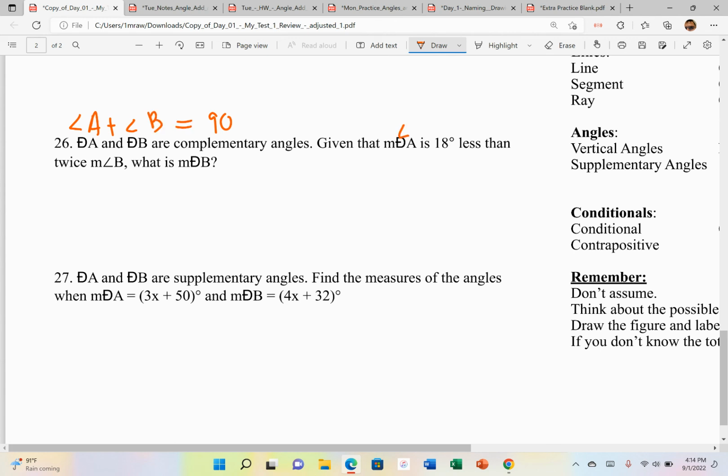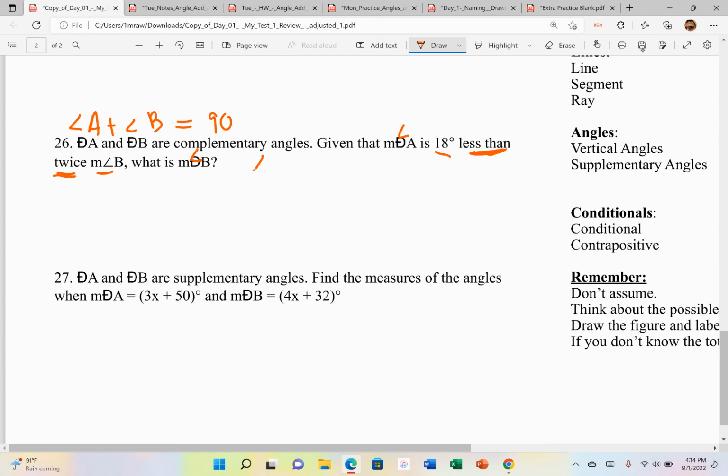Given that angle A is 18 degrees less than twice the measure of angle B, what is the measure of angle B? Okay, so angle A is 18 less than twice B. Is there anything that tells me what B is? So what am I going to say B is? Good.